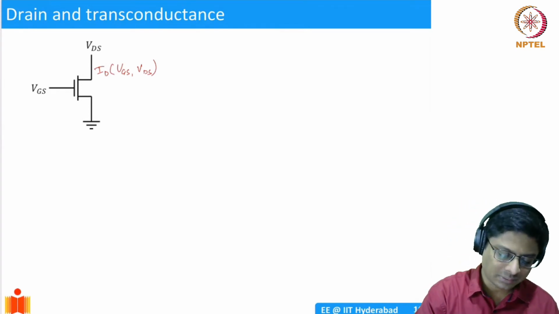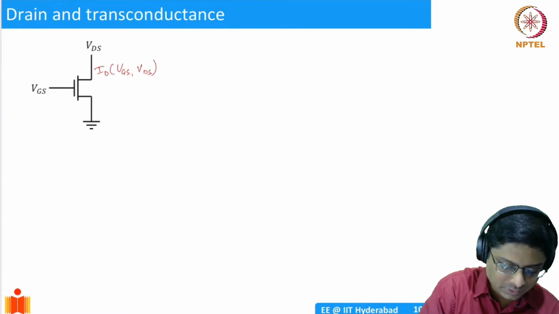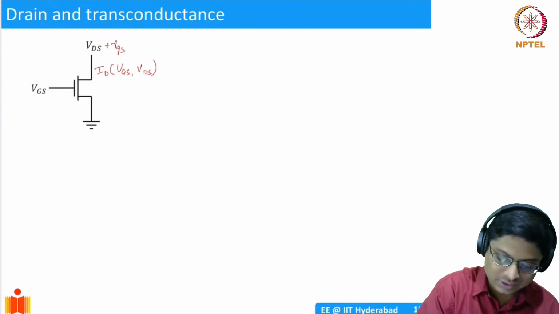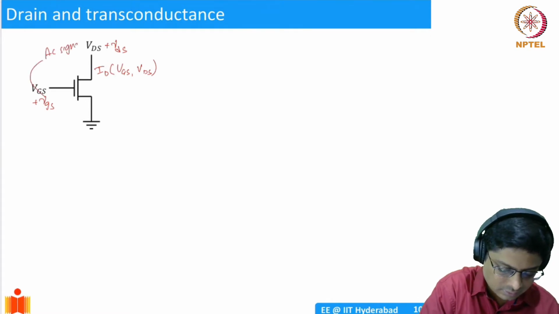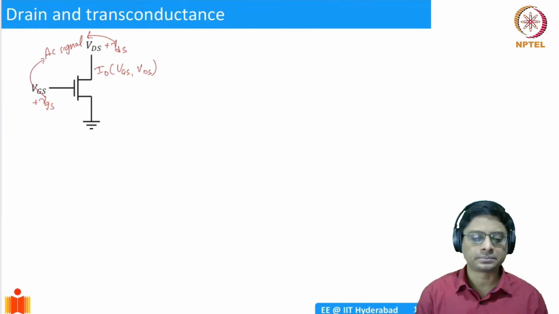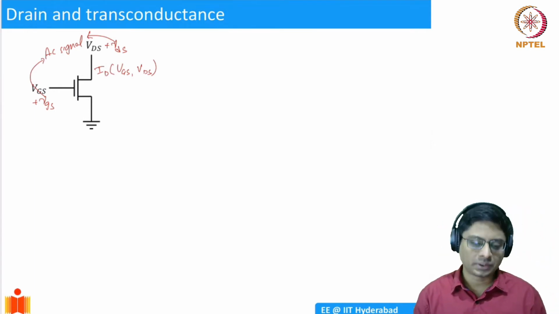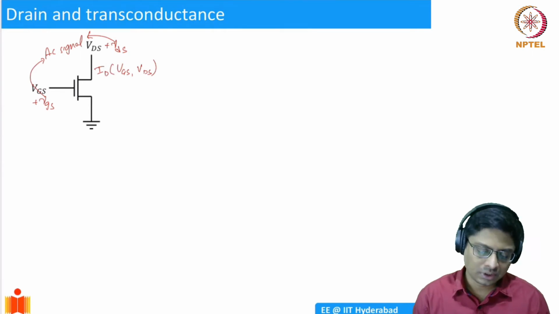And then you can apply a very small signal on top of this DC. So for example, I can modulate the VDS by applying a small AC signal, small vds. Similarly here, I can apply a small AC signal of vgs. Okay, so this is the AC signal. So what happens when I do this? That's what we are interested in finding out.